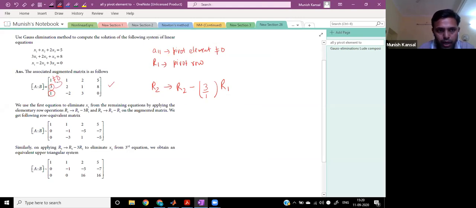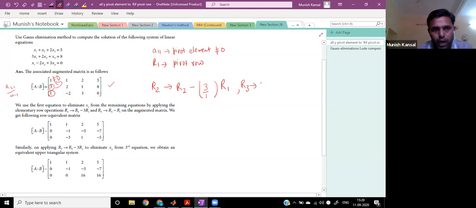So I am just writing 3 by 1, A21 by A11, right? Now, what is the operation in R3? In R3, to make zero here, R3 minus something times R1. So I have to multiply something with the pivot row R1, right?